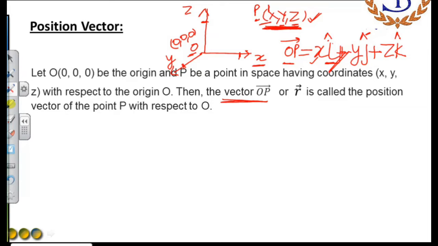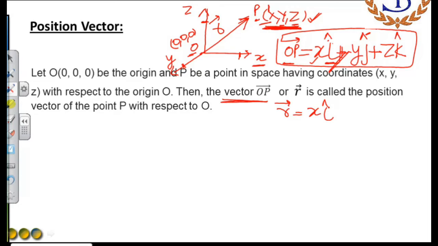So we can represent the position of a point P in the form of vector by using the coordinates given to us as OP vector. I can also term it as R vector. R vector can be written as xi plus yj plus zk.